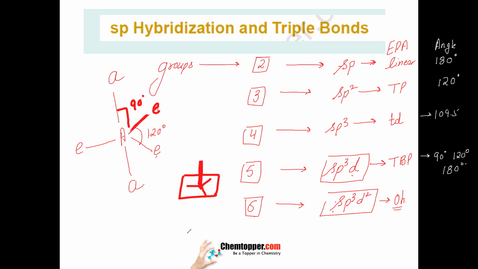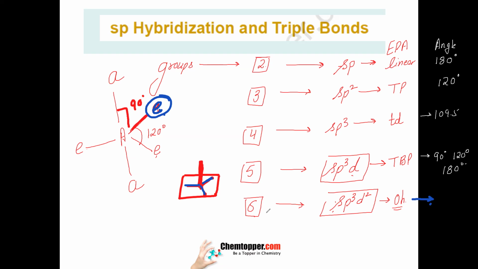You can see how this pencil makes a 90-degree angle with these three lines. That's very close, right? So where would you like to place your lone pairs? On the equatorial. Lone pairs always go on the equatorial for minimum repulsion. So this we have to memorize and keep practicing.